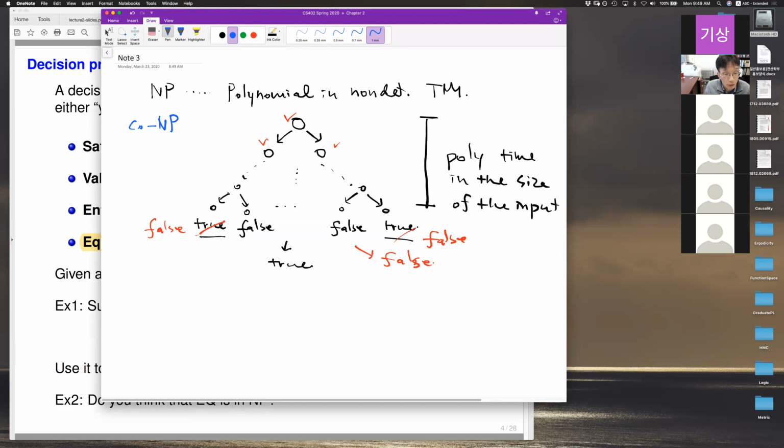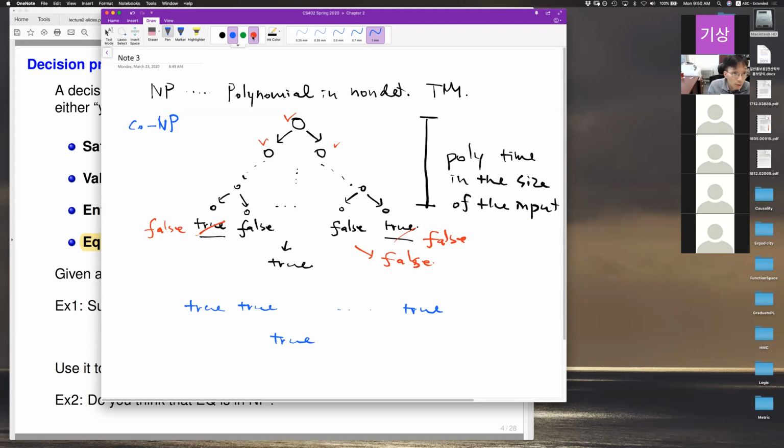Co-NP is very similar to this NP setting, but it assumes a different kind of post-processing. In this co-NP case, if true appears everywhere, then we return true.